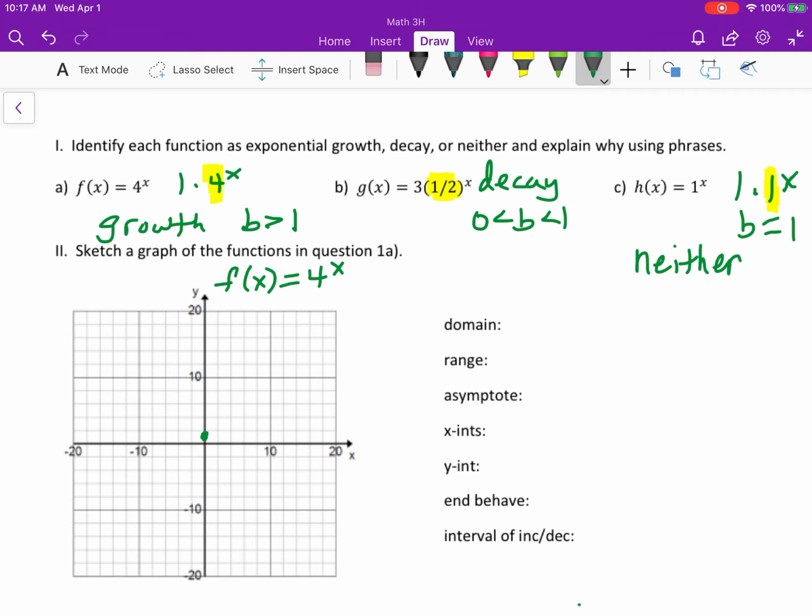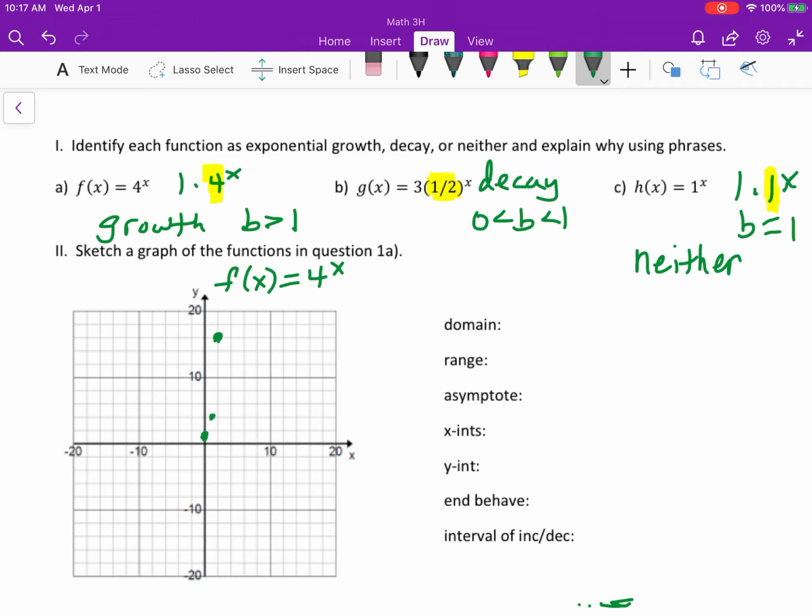You can just plug this right in your calculator or just make a table, because 4 to the first is 4, so after 1, this goes by 2's also, so after 1, it goes up to 4. 4 squared is 16, so after 2, we're all the way up to 16.